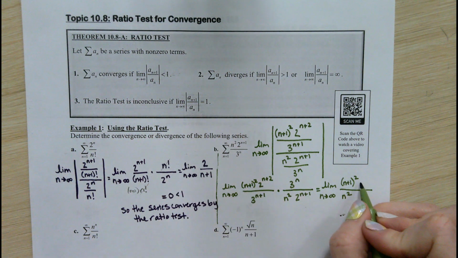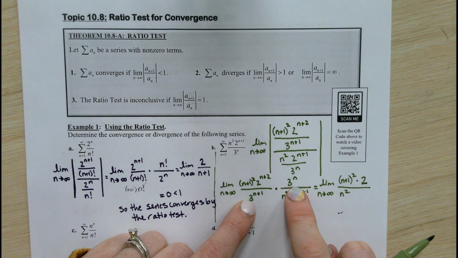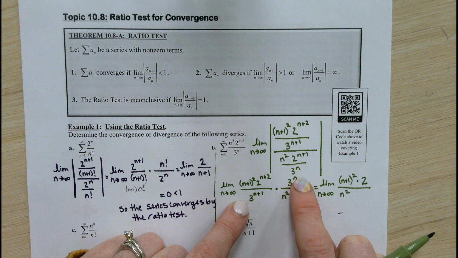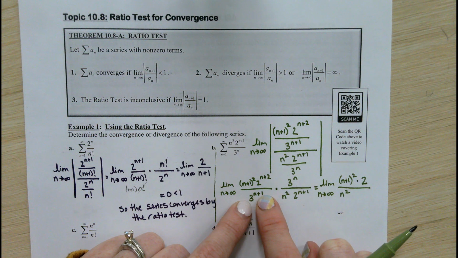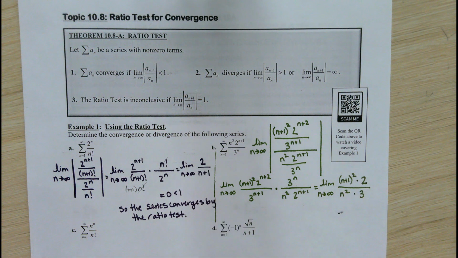So that's going to leave me behind with just 2 to the first. And a similar thing is going to happen here, except n minus n plus 1 will be n minus n minus 1. So that 3 ends up with a negative power. It's going to live in the denominator of the fraction.